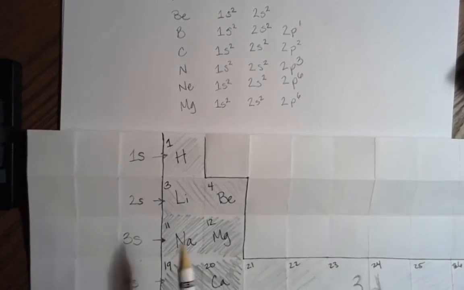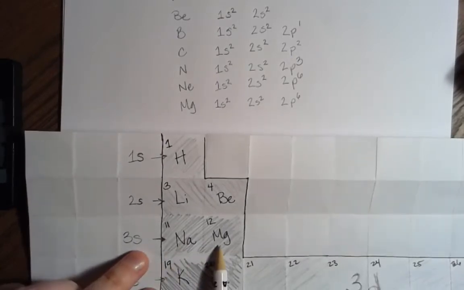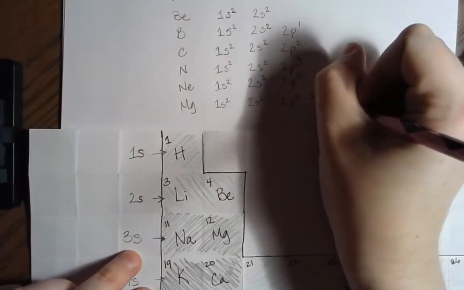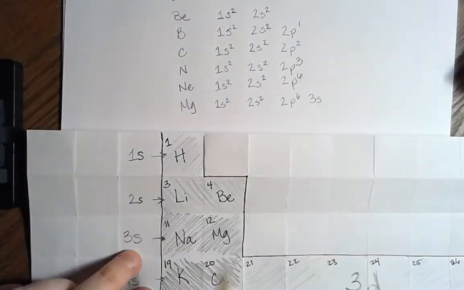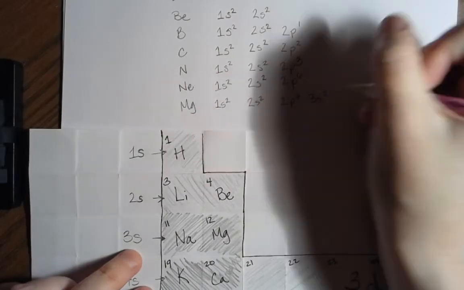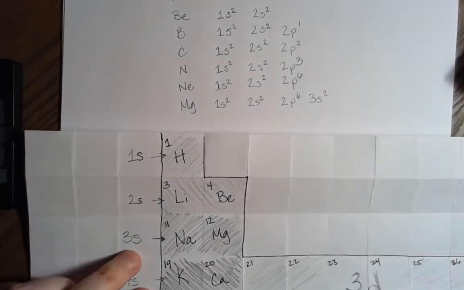Magnesium's bigger, so we're still adding stuff here. Magnesium's outermost electron is in the 3s orbital, so we need a 3s. And in that 3s, we have, count from the left, just like a Bohr, 1, 2 electrons in that 3s. And that is magnesium.